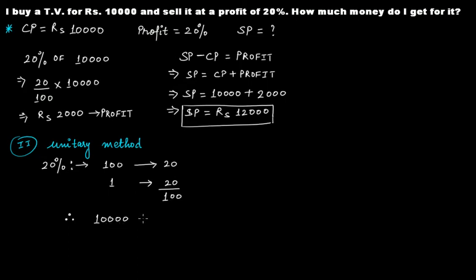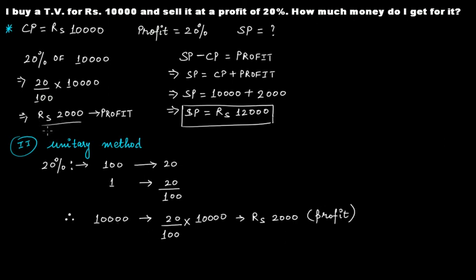Therefore, for 10,000, your profit will be this much. And if you solve, this gives you rupees 2,000 profit. This is the profit that you make on the cost price of 10,000.